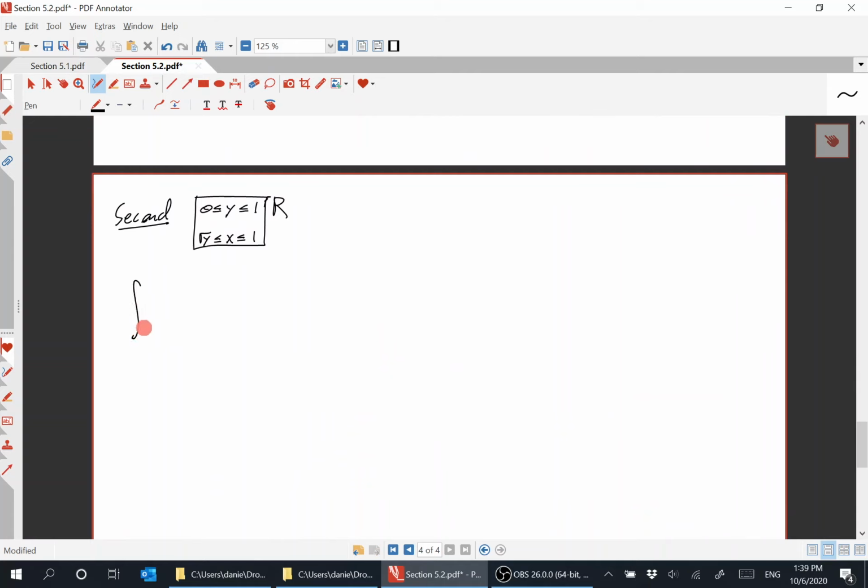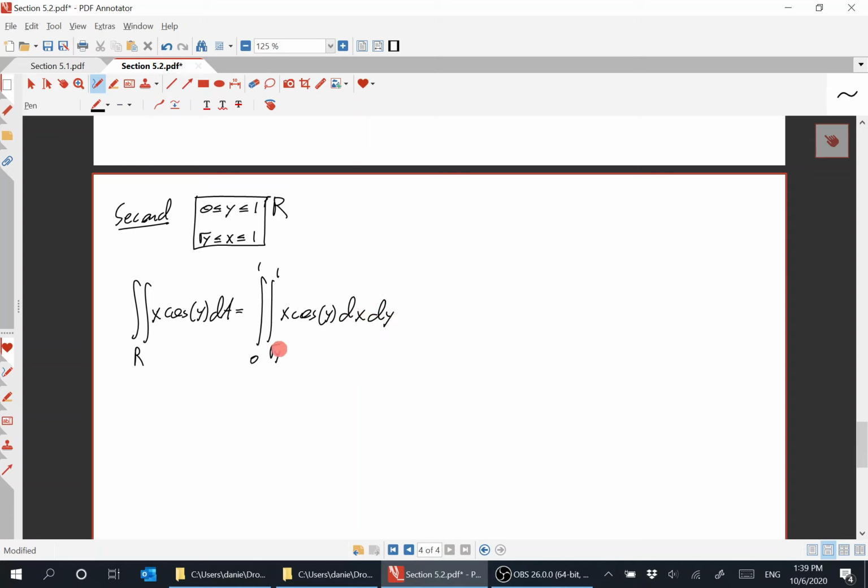So the double integral over R of x cosine y dA is equal to the double integral, square root of y to 1, 0 to 1, x cosine y dx dy.